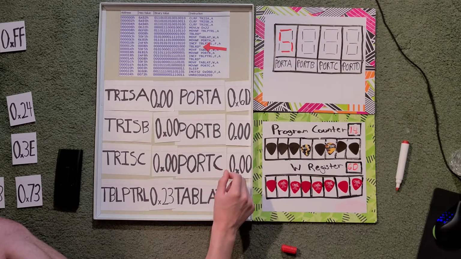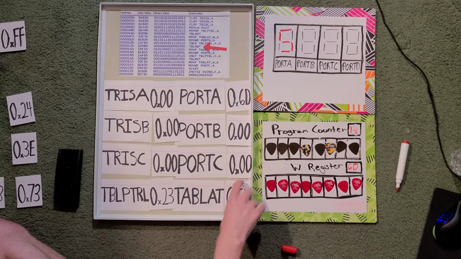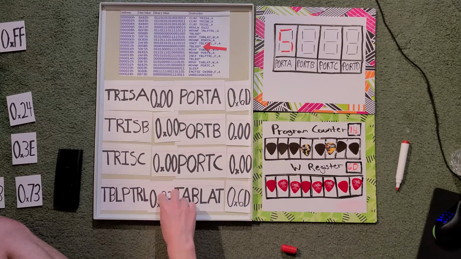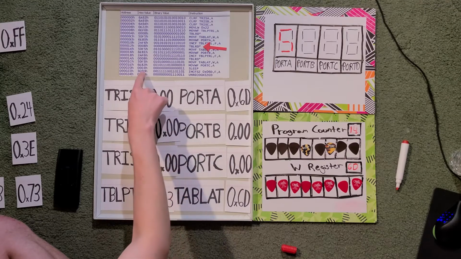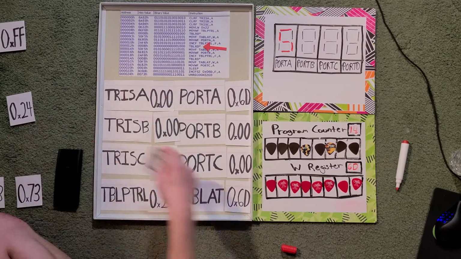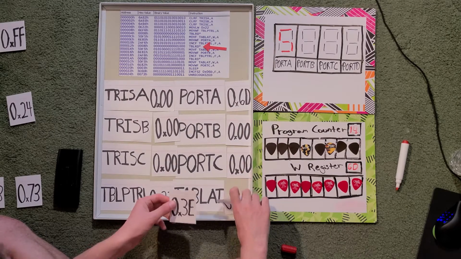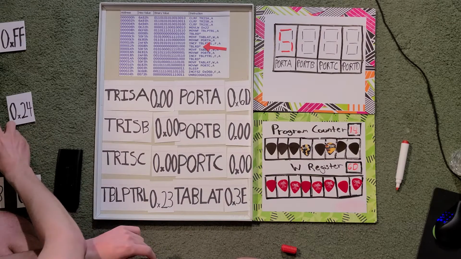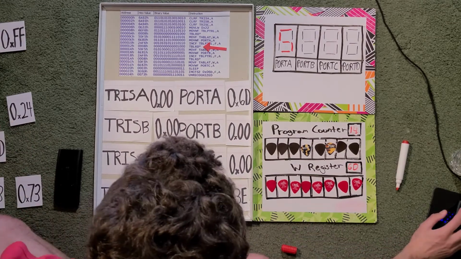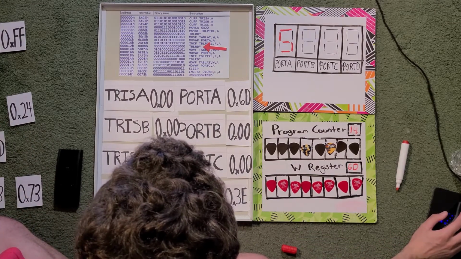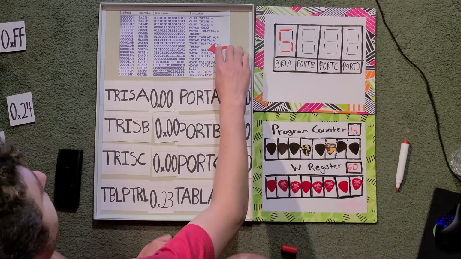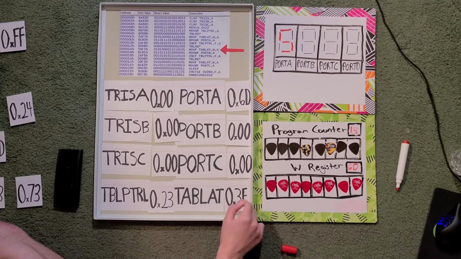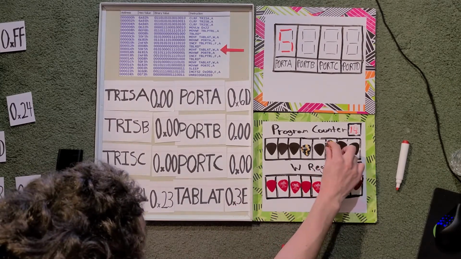Now we're going to move TABLAT. That's what we're going to point TABLAT to, the value that's at this address. The value that's at this address happens to be 3E, which represents a U on the LED display. All right, next instruction. Going to move TABLAT to the W register. So we're going to increase this to 16.